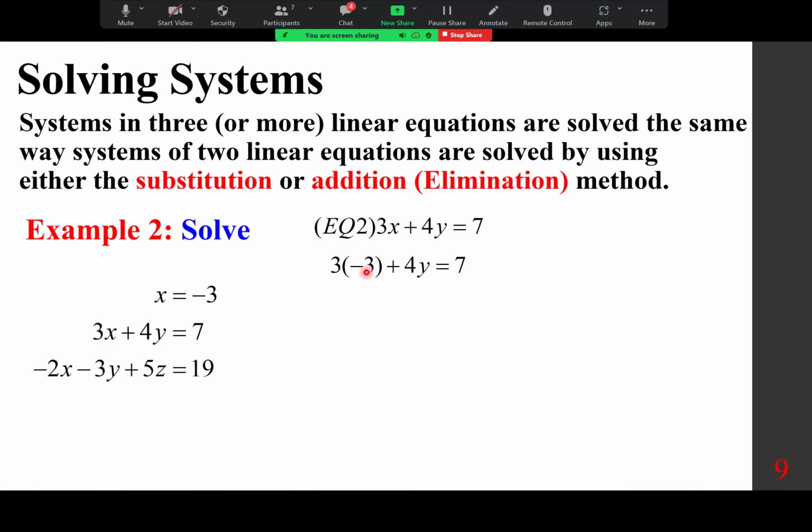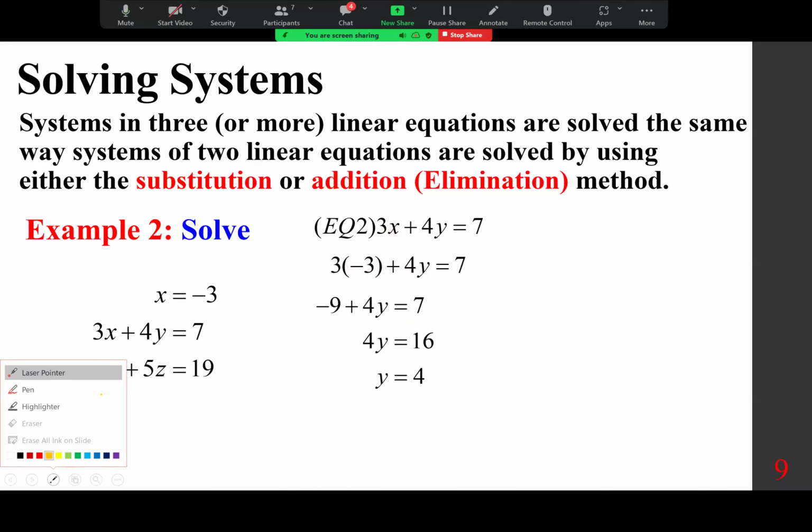So 3 times x, 3 times negative 3 is negative 9, plus 4y equals 7. You move the negative 9, add it to 7, divide by 4, y becomes 4. So we have x and y. All we have to do is go to the third equation and plug in x and y.